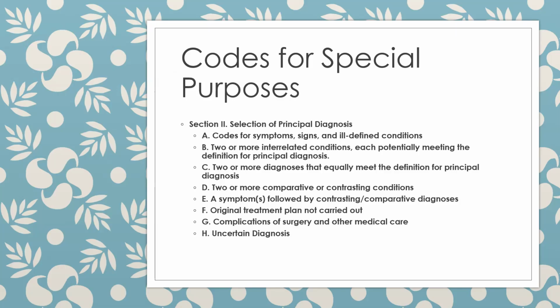When the admission is for treatment of a complication resulting from surgery or other medical care, the complication code is sequenced as the principal diagnosis. If the complication is classified to the T80 through T88 series and the code lacks the necessary specificity in describing the complication, an additional code for the specific complication should be assigned.